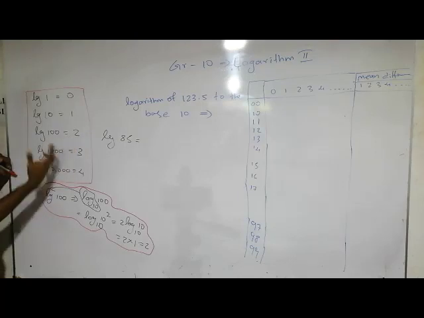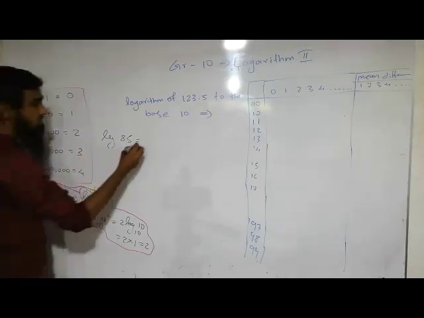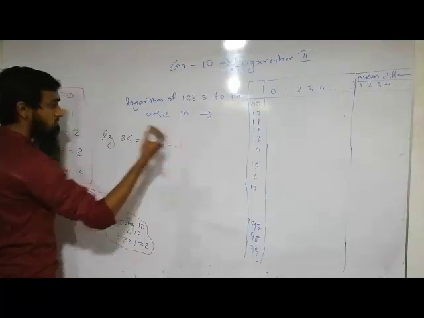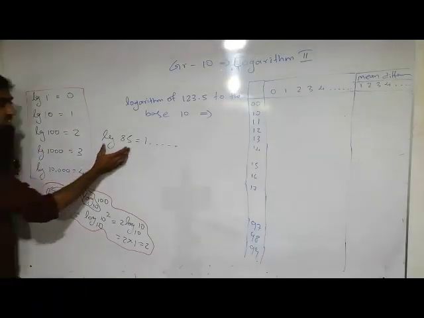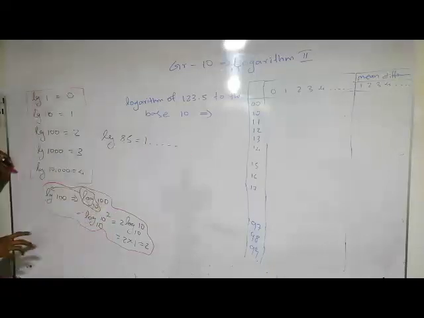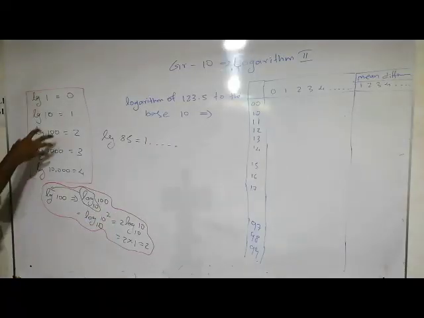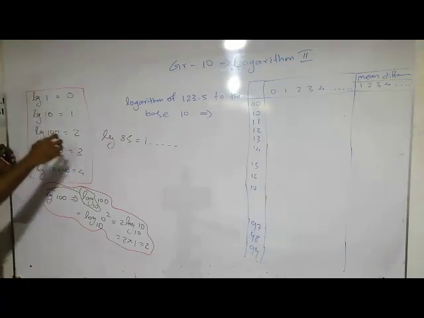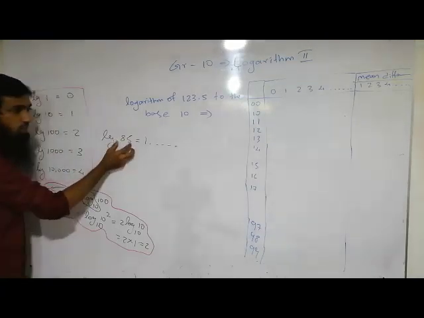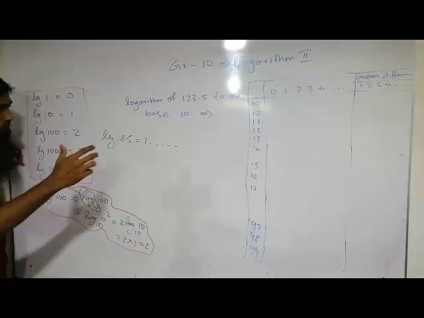In between 1 and 2 means it starts with 1 point something. Likewise, we can use this table to evaluate which values the given logarithm number lies between.